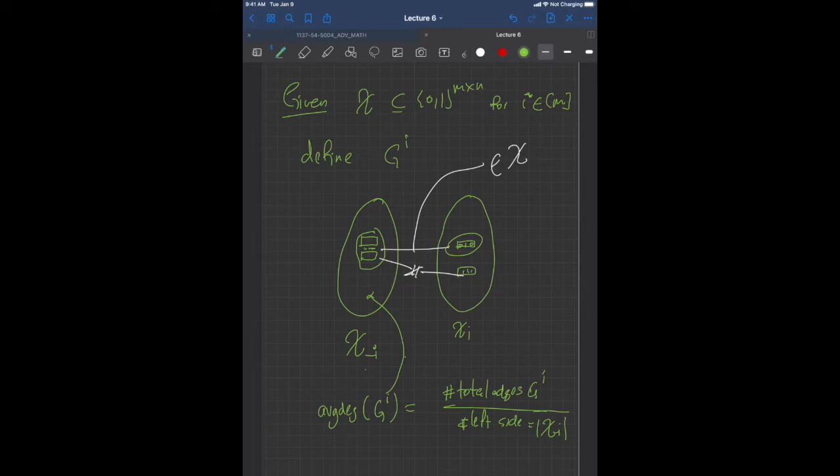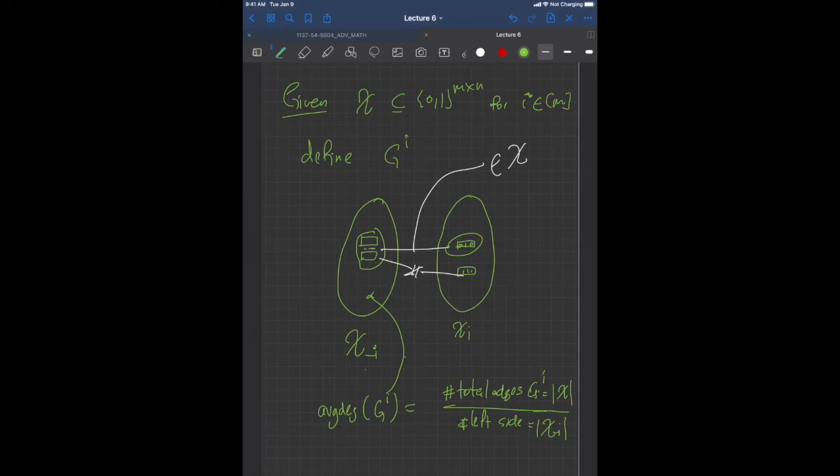Any guesses? So the way we constructed this graph, we put an edge between two vertices only if the completed matrix belongs to X. So there will be one edge for every matrix in X. So the top thing is nothing but the cardinality of X.